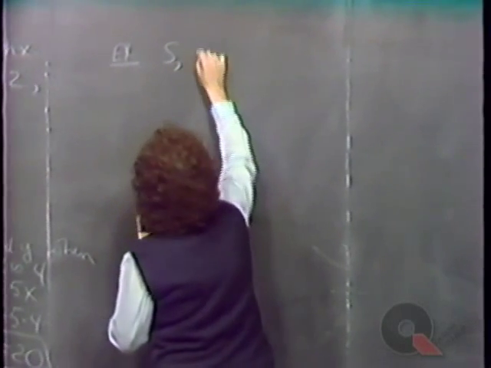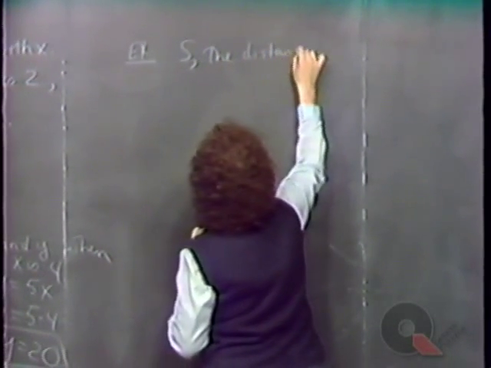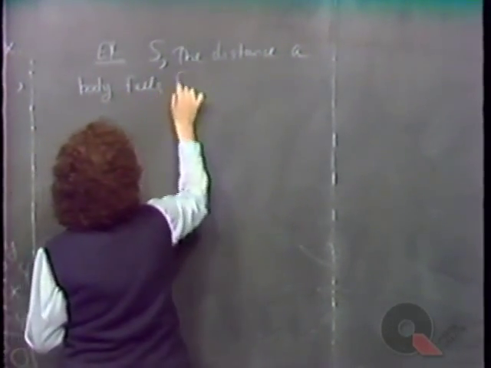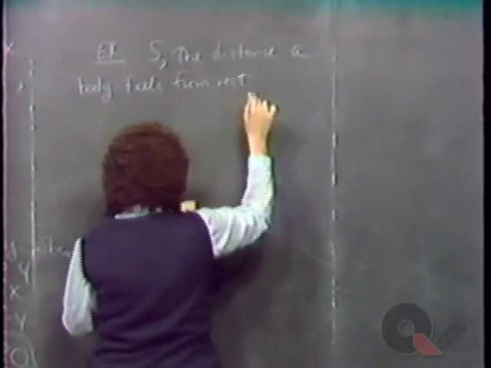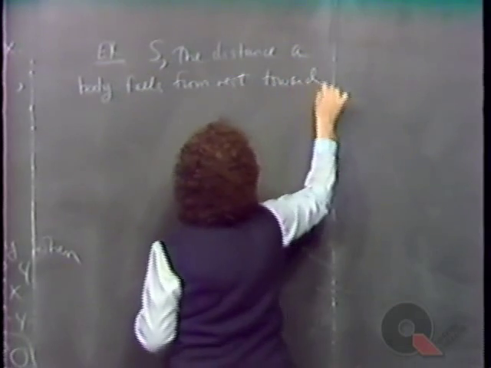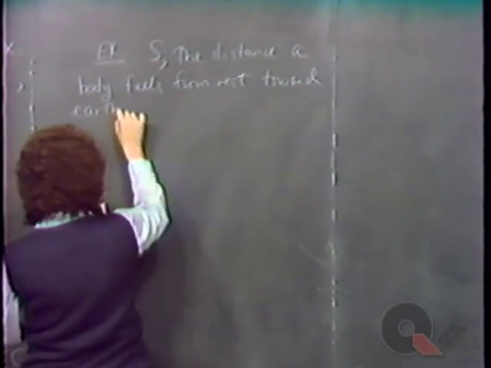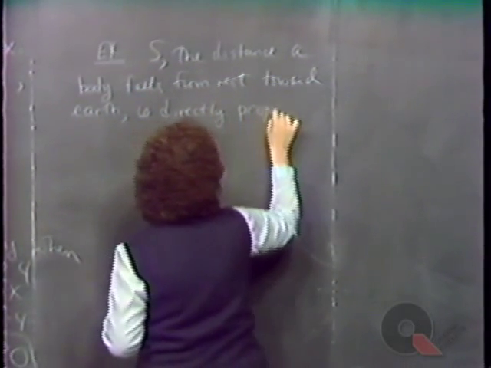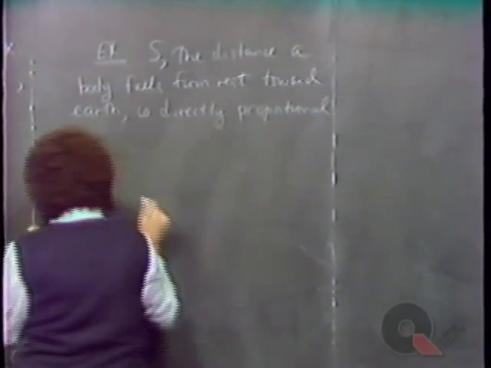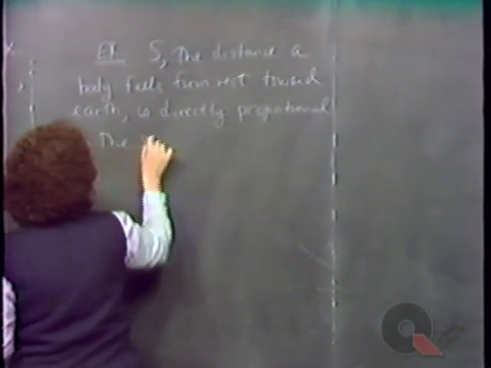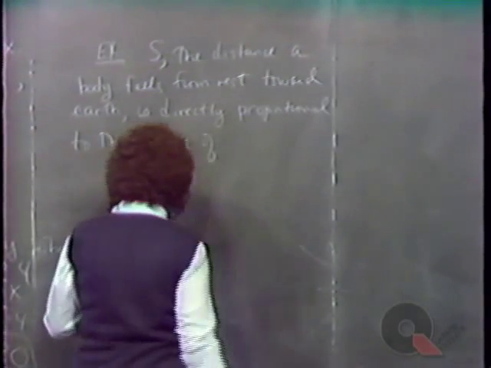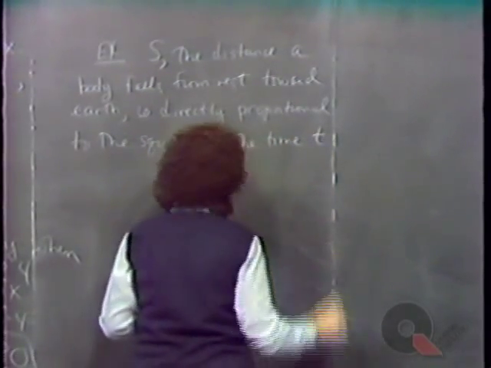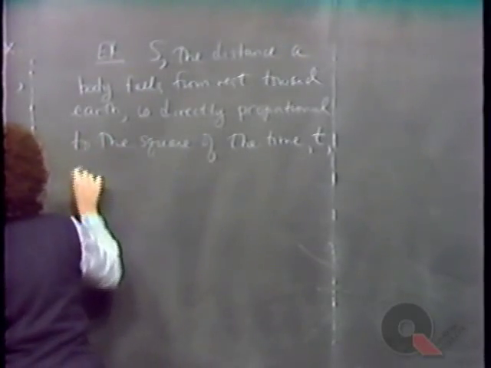S, the distance a body falls from rest toward Earth is directly proportional to the square of the time t it has been falling.